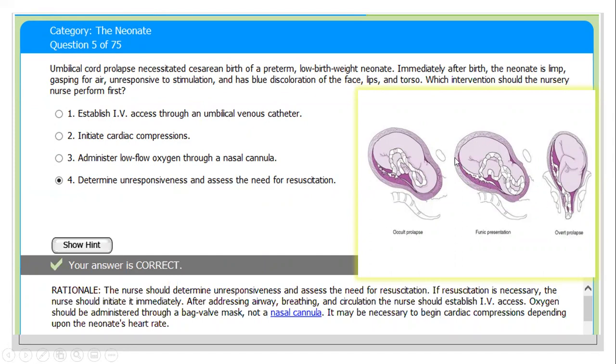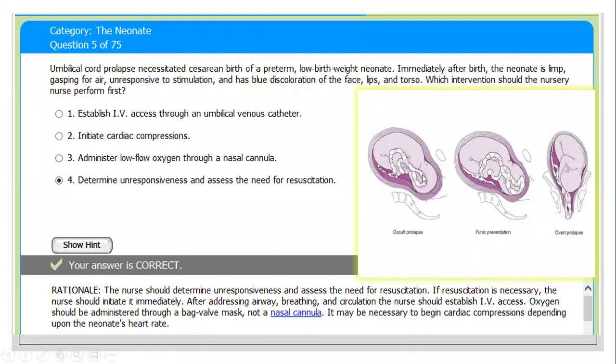So in this picture, you can see this is the umbilical cord, right? And here it came through the birth canal before delivery of the head of the fetus.